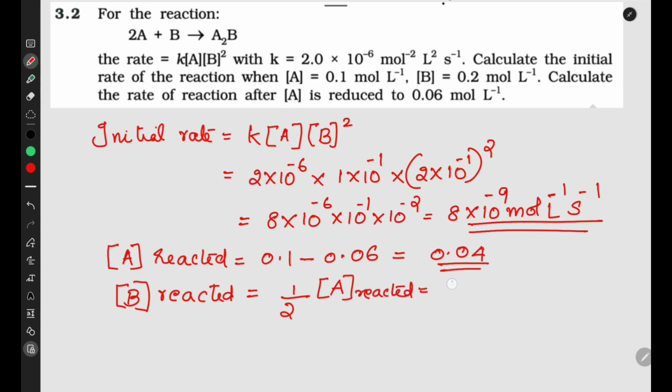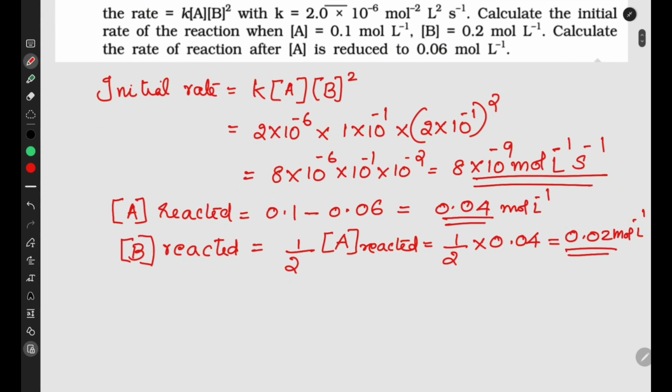So that is equal to half into 0.04, that is equal to 0.02 mole per liter. Now we got the amount of B reacted, so we can calculate final concentration of B. Initial concentration of B was 0.2 and amount of B reacted is 0.02.